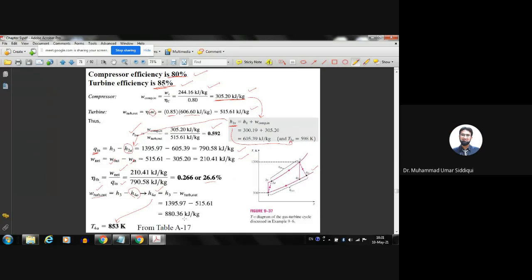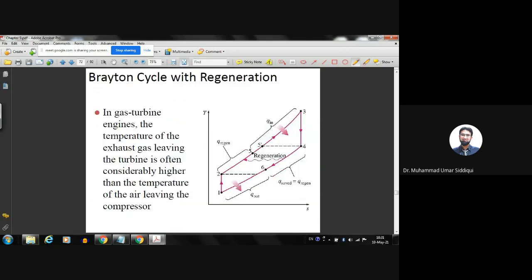Okay, so we introduced the efficiency of the compressor and turbine. Now let's discuss how to increase the efficiency of the Brayton cycle in general. First of all, the efficiency of the Brayton cycle is work net over Qin.